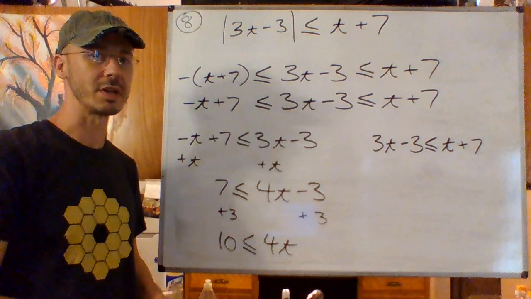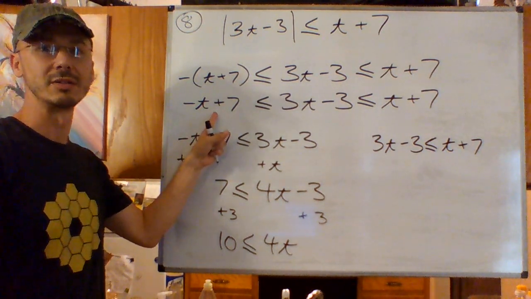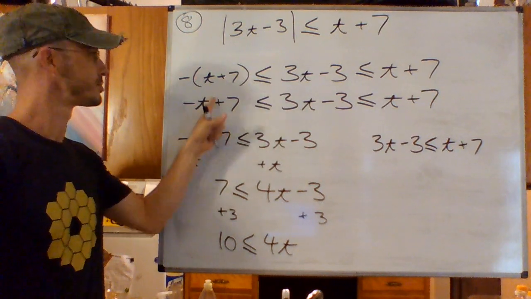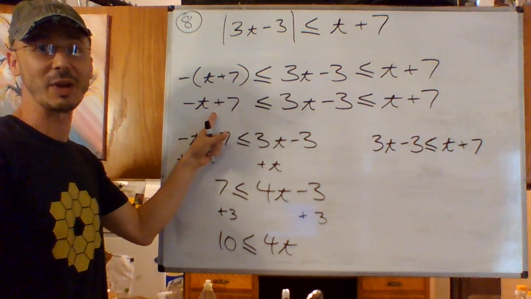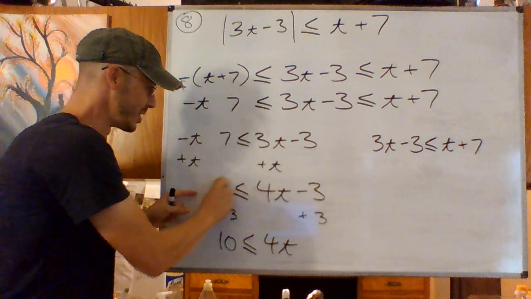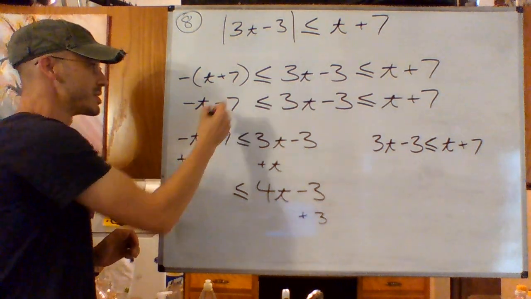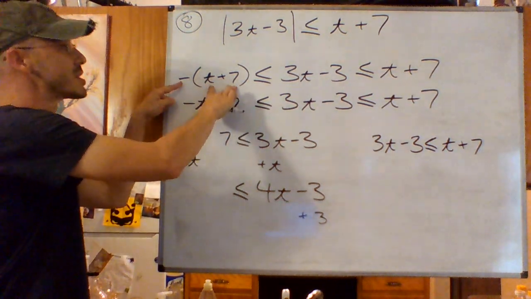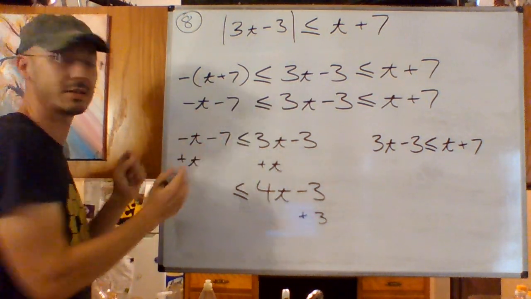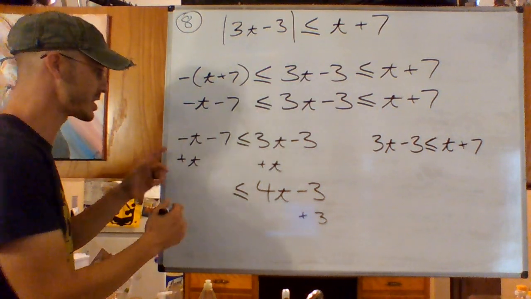Okay, if you wrote all this, you don't have to change very much, but what did I do here? I distributed incorrectly. That's not going to help in the long run. That's all I need to really get rid of, because it should be negative t plus 7 is negative t minus 7. I had to distribute the negative, and I didn't do that. The steps were fine, though.